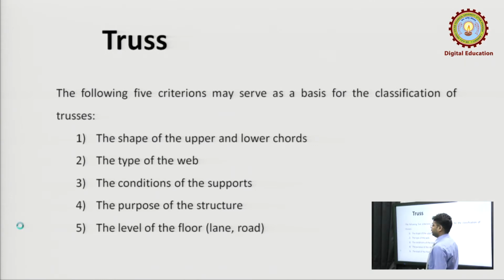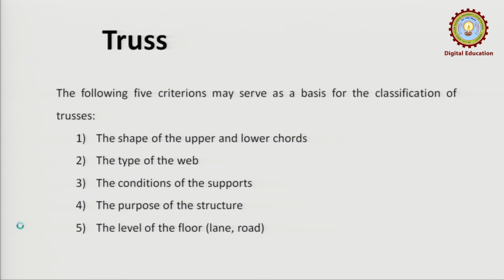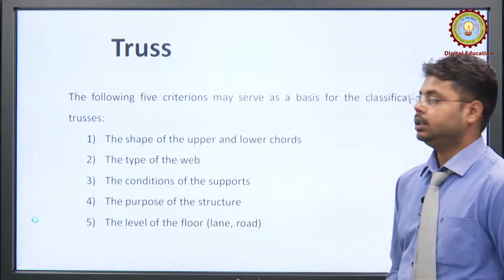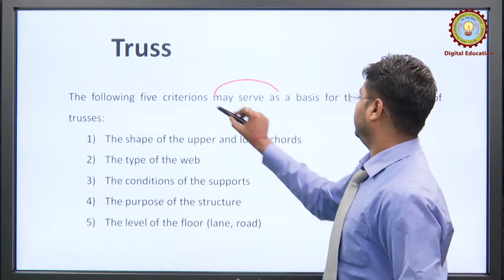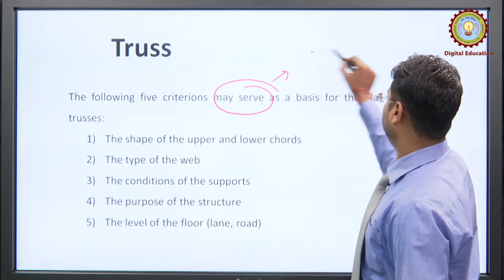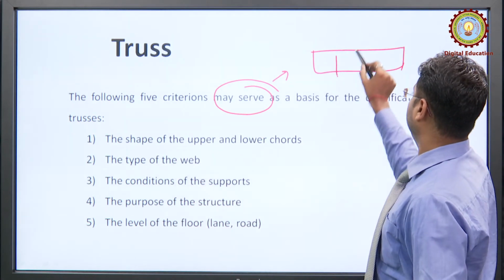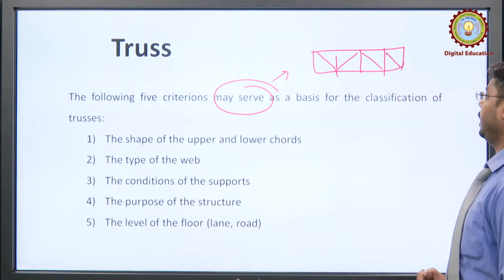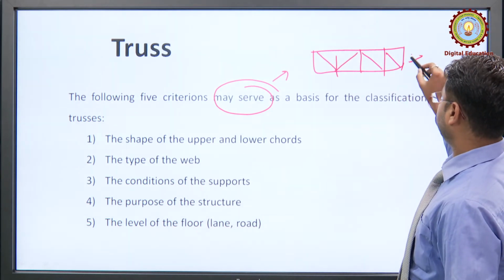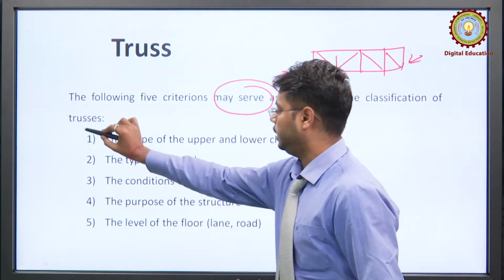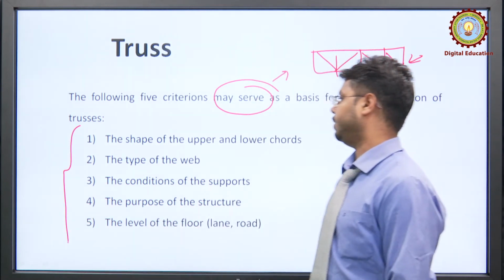Now you can see there are 5 criteria that may serve for classifying the truss. If you have a truss like this, the shape, size and behavior of the truss depend upon these 5 points. What is the first point?